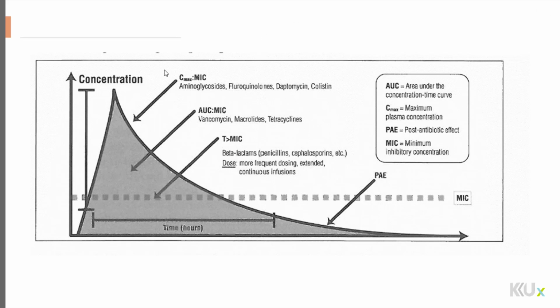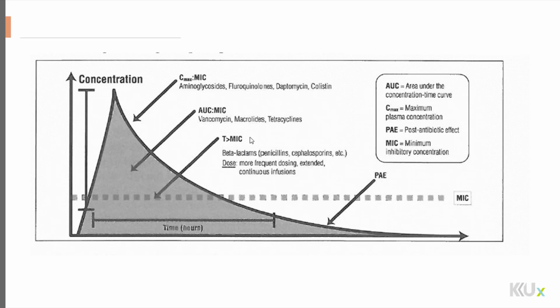So this is mainly, we said, aminoglycosides, fluoroquinolones, daptomycin, and colistin are all concentration dependent, and we are targeting here the peak to MIC ratio, and it's preferred that the concentration is high so we can get the response faster.